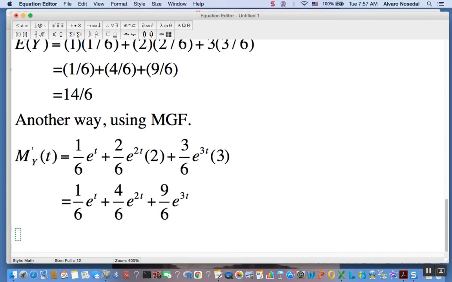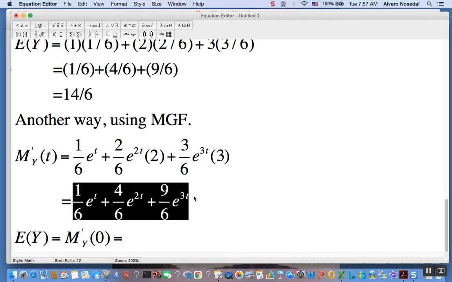Finally, we evaluate at 0. We evaluate at 0, and we know that by doing that evaluation, we will get the expected value.